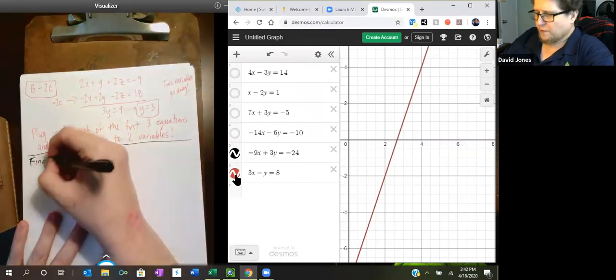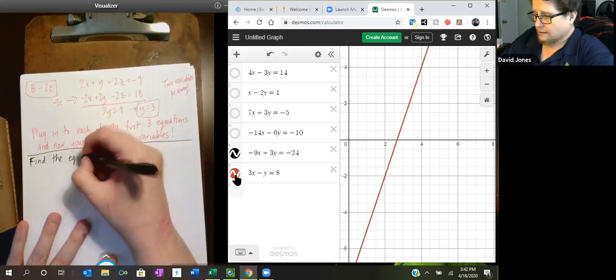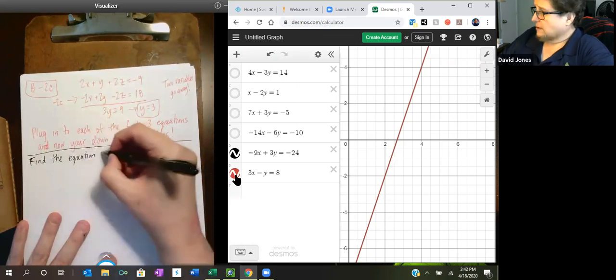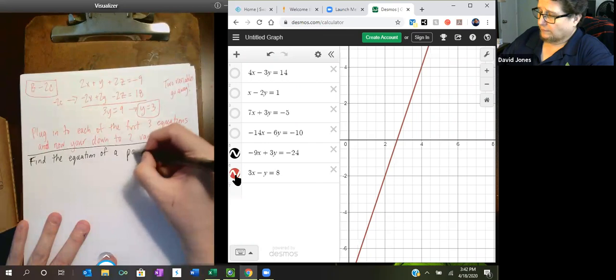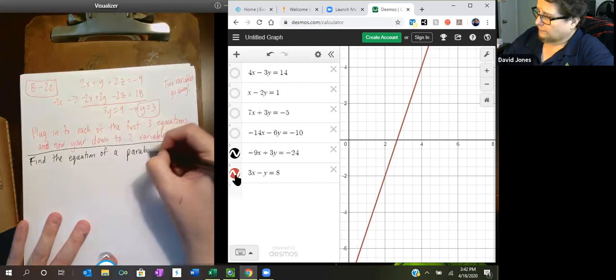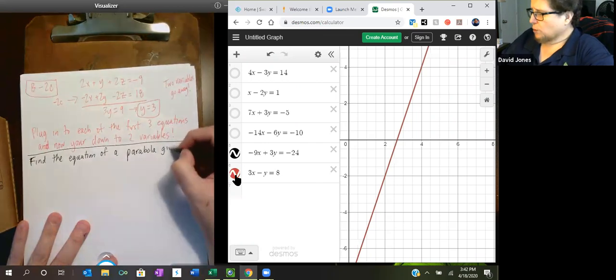Find the equation of the parabola given 3 points on its curve.